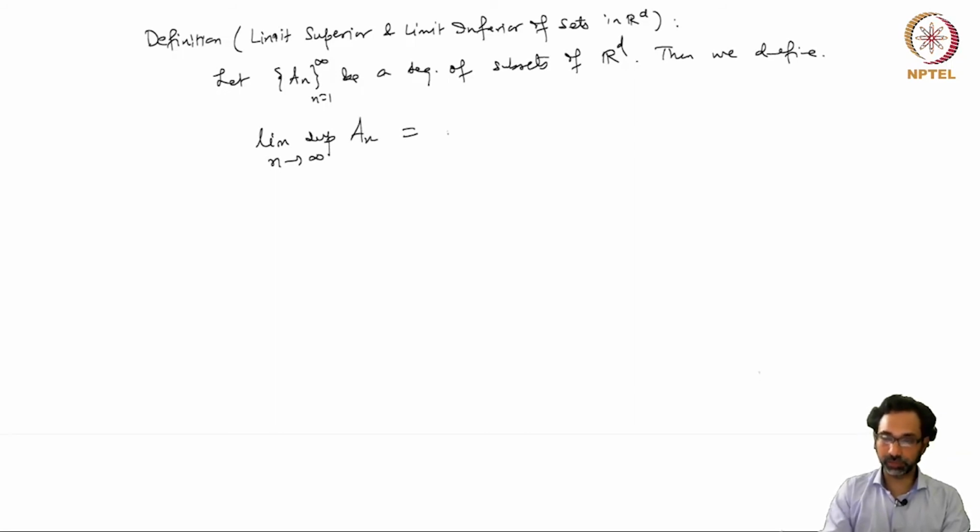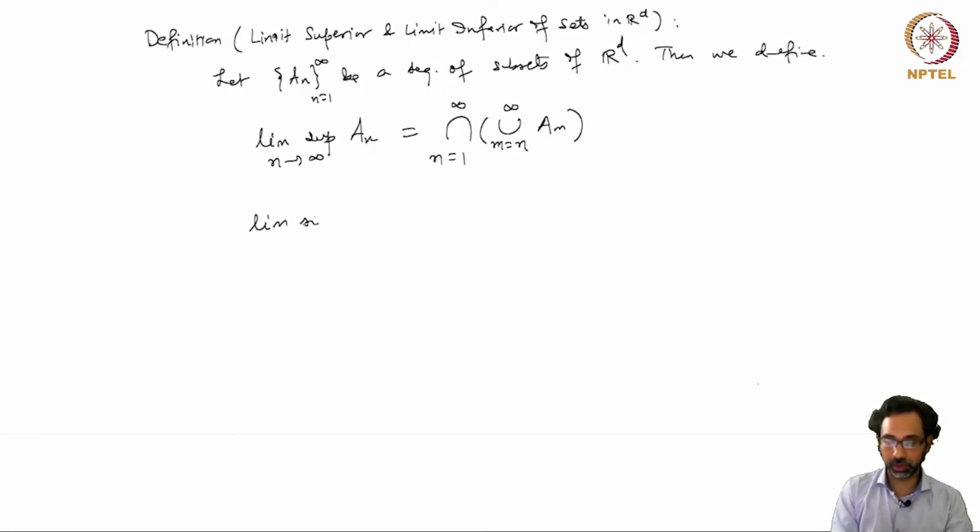This is by definition the intersection over n equal to 1 to infinity of the union over m greater than or equal to n, so m from n to infinity, of A_m, and similarly the limit inferior, liminf of A_n as n goes to infinity.